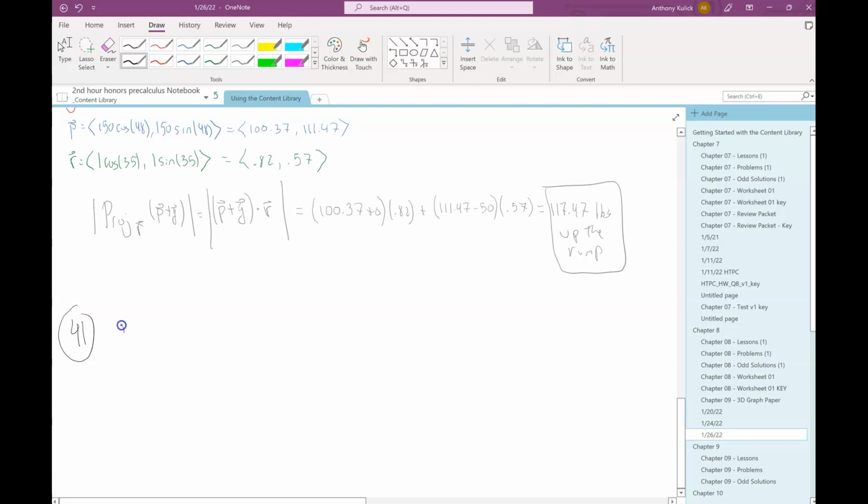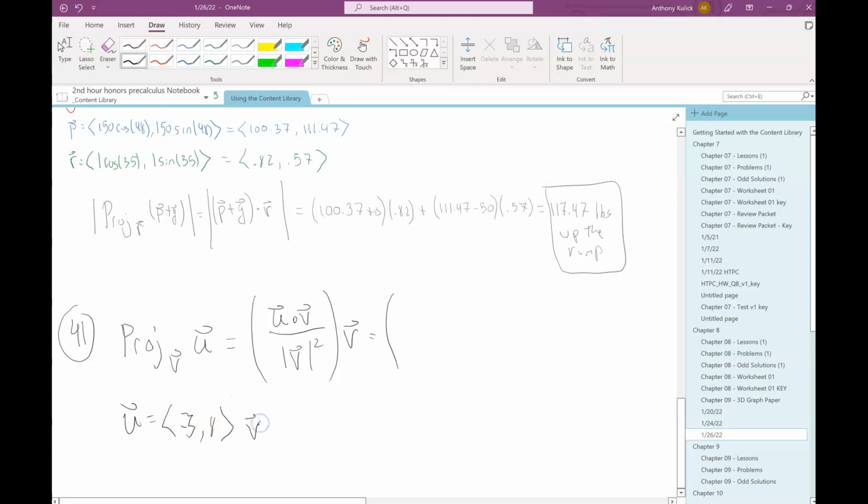Yeah. So 41 asks us to project vector u onto vector v. So our formula is the dot product of u and v divided by the magnitude of v squared times vector v. So in our problem, u is the vector -3, 8, and v is the vector 7, 2.